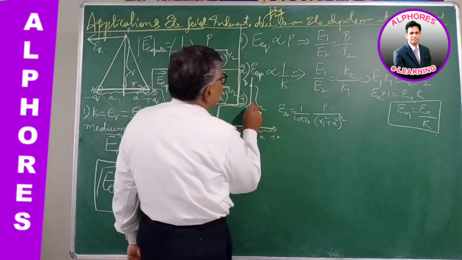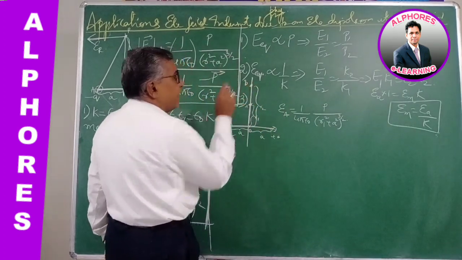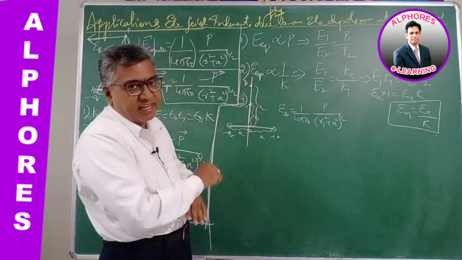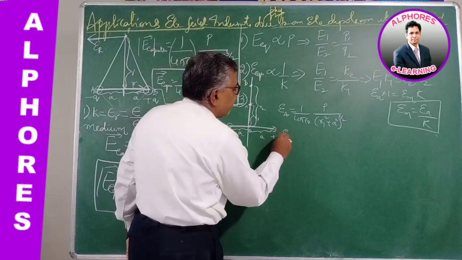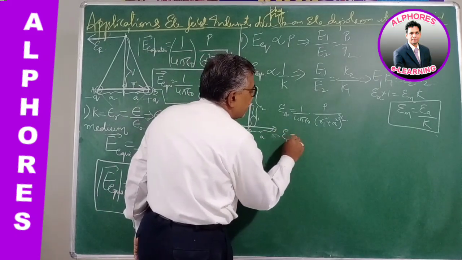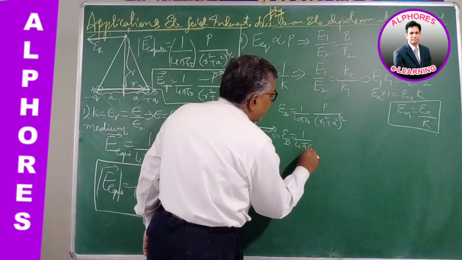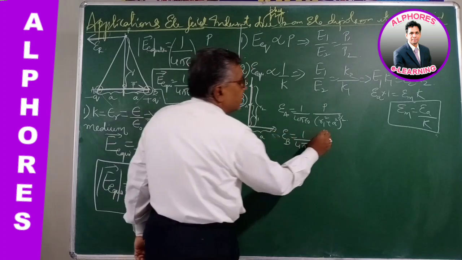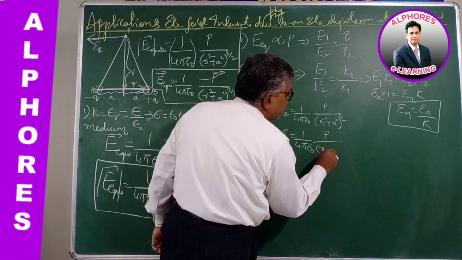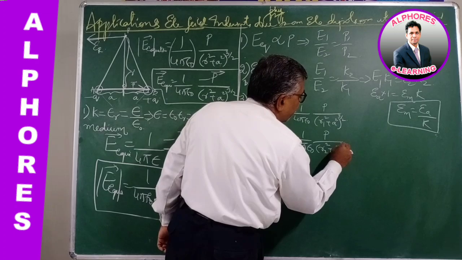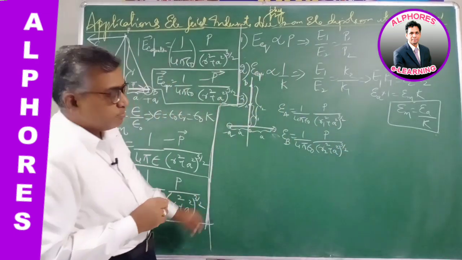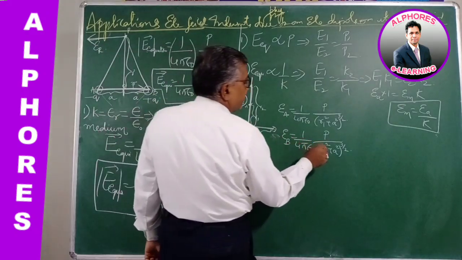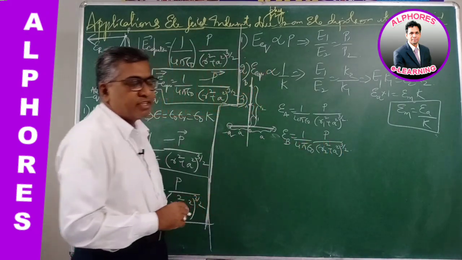Next, the point of consideration is shifted from A to B, which is at a distance R2 from the center of the dipole. Then the electric field at B, EB, is equal to 1 by 4 pi epsilon naught into P by R2 square plus A square whole power 3 by 2.